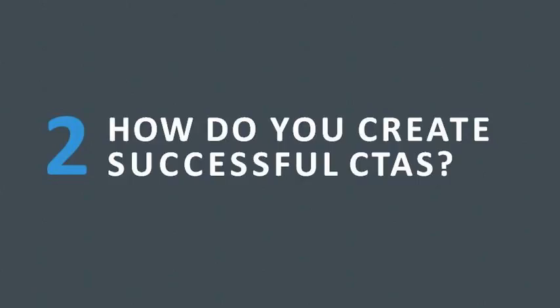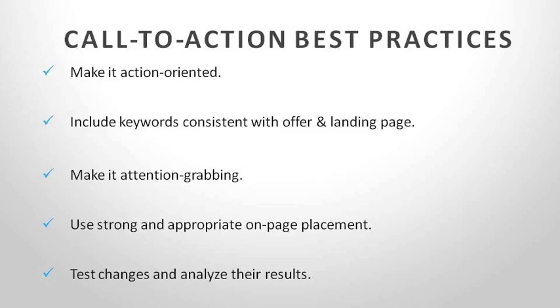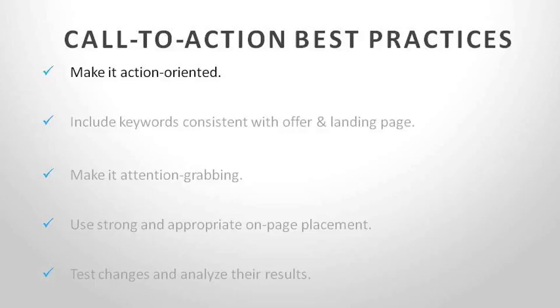Perfect. CTAs are big business assets, so it's important to follow best practices when creating them. Let's talk about what makes for a successful call to action. Our call to action should be action-oriented. Its purpose, after all, is to get our visitors to take a certain next action, to download an ebook or watch a video or request a free trial.